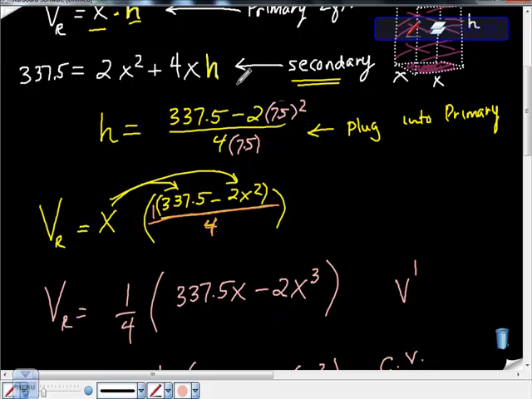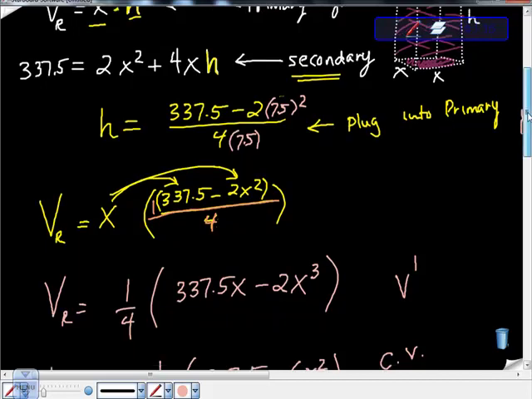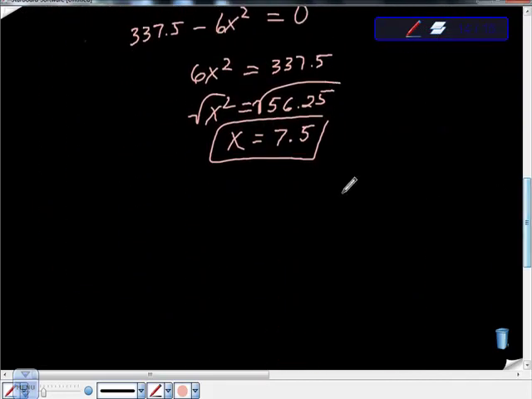Believe it or not, when you do all this arithmetic, you get back that, now I'm not really surprised, h is equal to 7.5 centimeters also. So 7.5 centimeters.